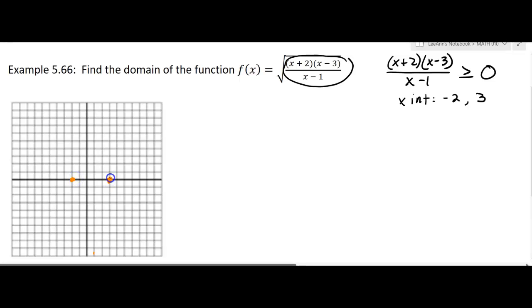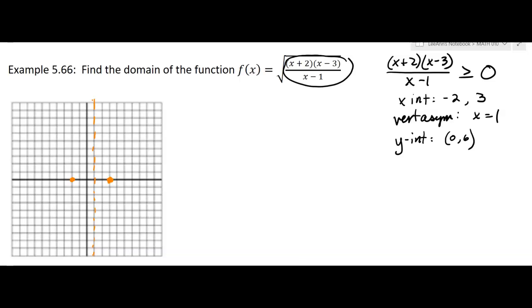We also know there's a vertical asymptote at x equals 1, because the denominator can't equal 0. So there's our vertical asymptote. And we also know the y-intercept: if you plug in 0 for x, you get 6. So the y-intercept is at (0, 6).